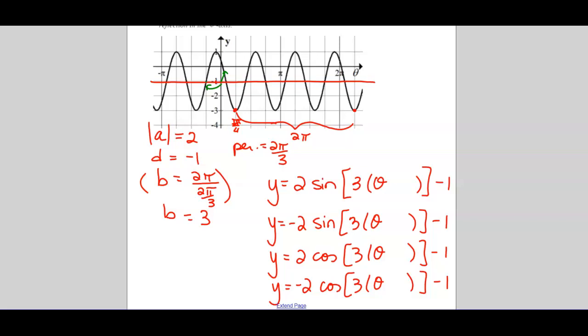That's one grid marking to the left. Remember, each grid marking is pi over 4. So this will be plus pi over 4.